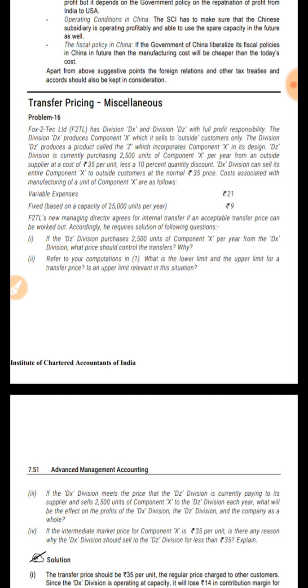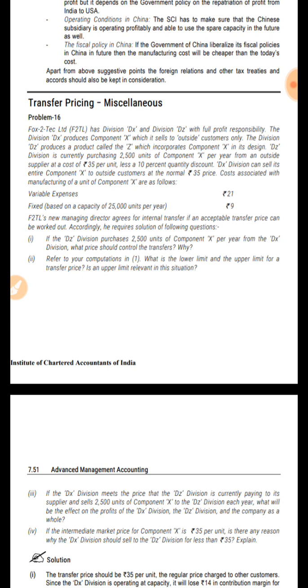DZ division is currently purchasing 2500 units of component X per year from an outside supplier at a cost of Rs 35 per unit, less a 10% quantity discount. DX division can sell its entire component X to outside customers at the normal Rs 35 price.